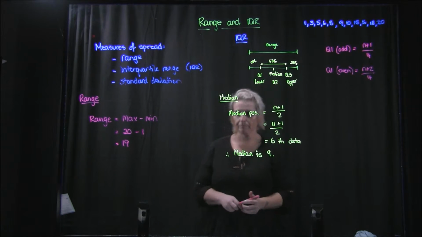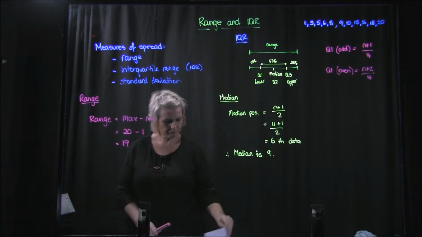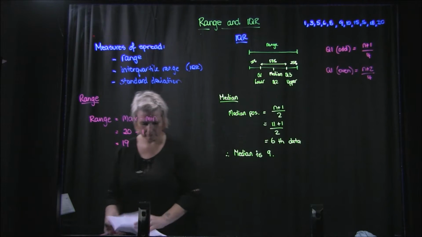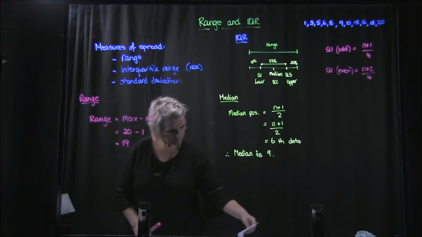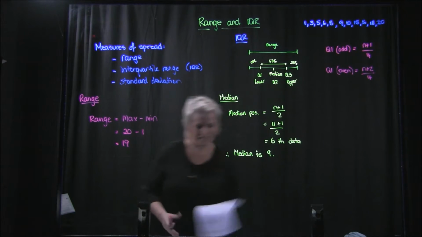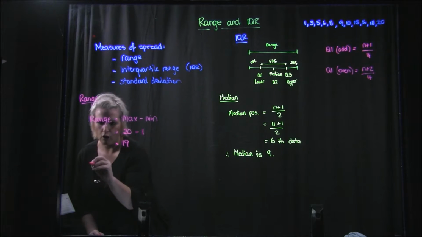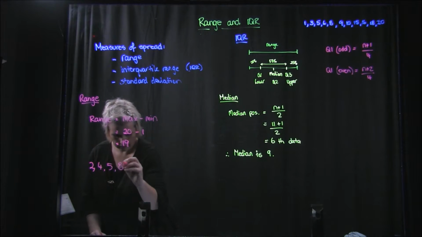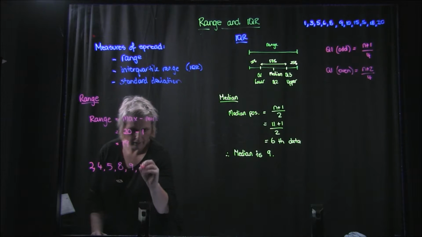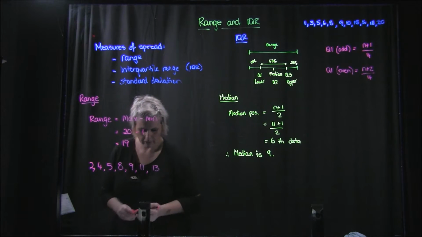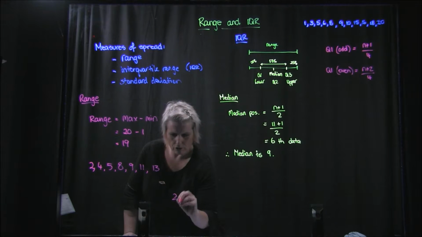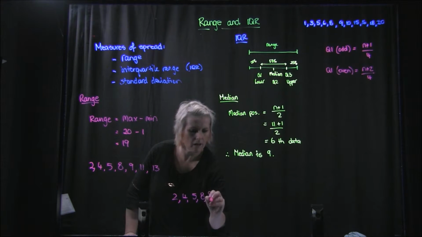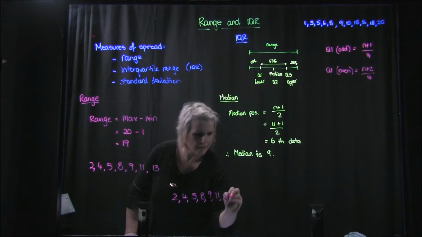The reason is this. Let me put up a set of data. If you've got 2, 4, 5, 8, 9, 11 and 13, and then 2, 4, 5, 8, 9, 11, 13 and 15.